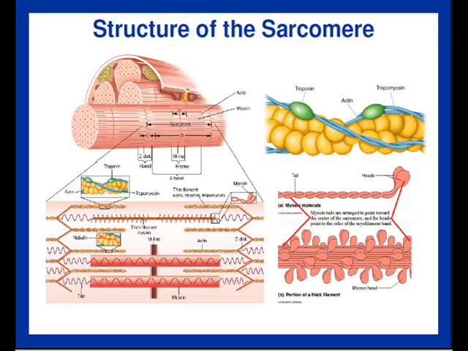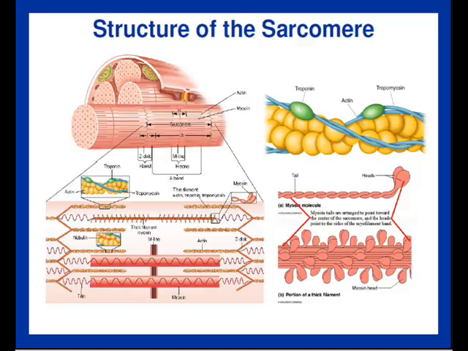Like I said, we have the calcium being released from the sarcoplasmic reticulum, right? So when the calcium is released into the inside of the muscle cell, it binds to troponin. When it binds to troponin, troponin moves off and pulls with it tropomyosin off the myosin binding site.